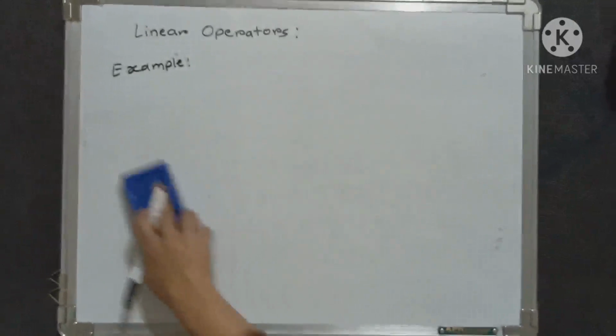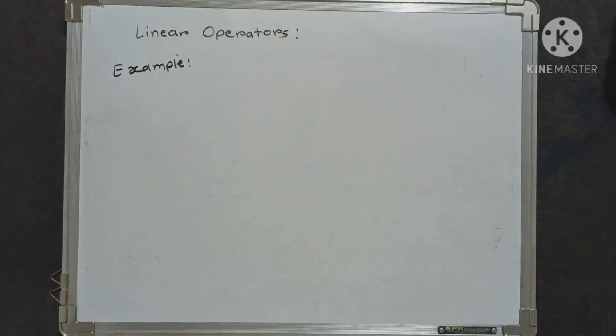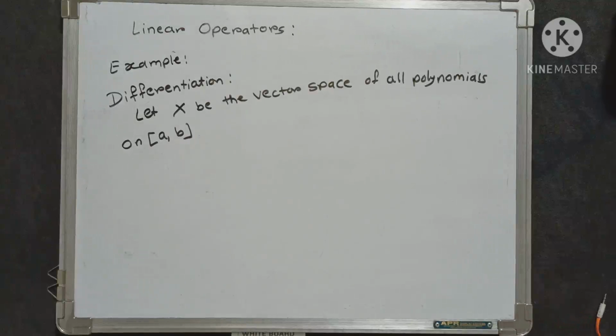Now after the zero operator and identity operator, we see another operator. Here we take capital X to be the vector space of all polynomials on the closed interval a comma b.